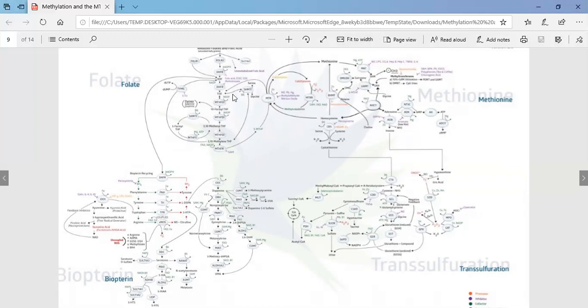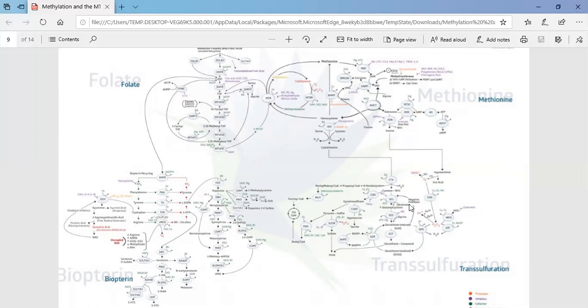Then from that upper portion, you go down to the biopterin pathway, which has a lot to do with your neurotransmitters: dopamine, serotonin, melatonin, or epinephrine. So if you already have an MTHFR problem right here, you can have some of these things compromised. And the transsulfuration pathway has to do with detoxification in your liver, glutathione, and things like that.